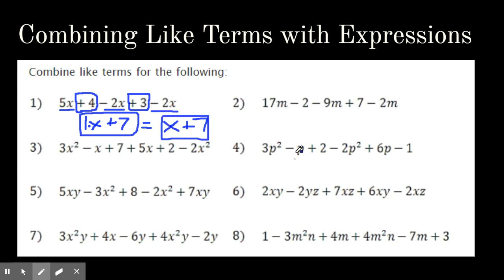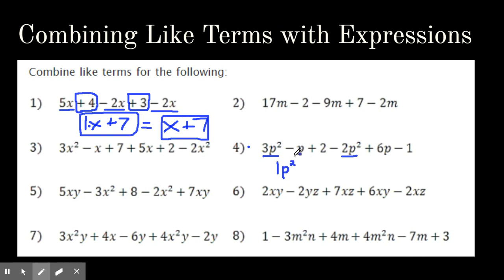Now let's try one of the more difficult ones. Let's try number 4 here. So we have 3p squared and negative 2p squared. You'll notice that these are similar, not just because they have the p, but because they have a p squared. So we have 3p squared minus 2p squared, which leaves just 1p squared.